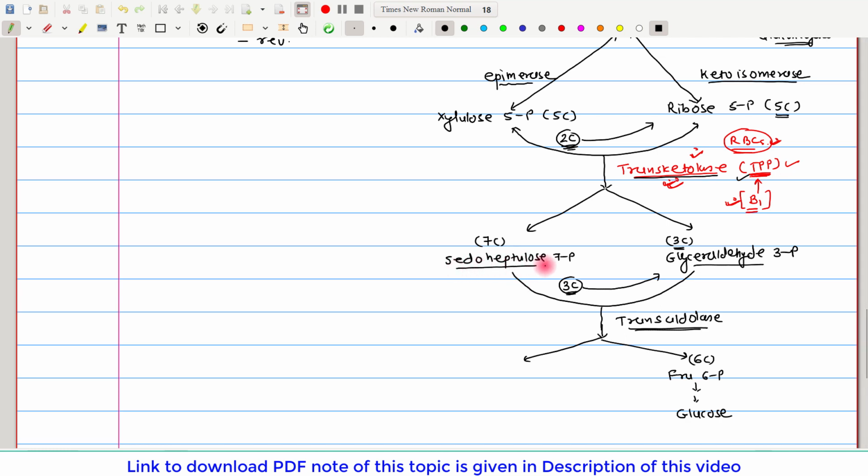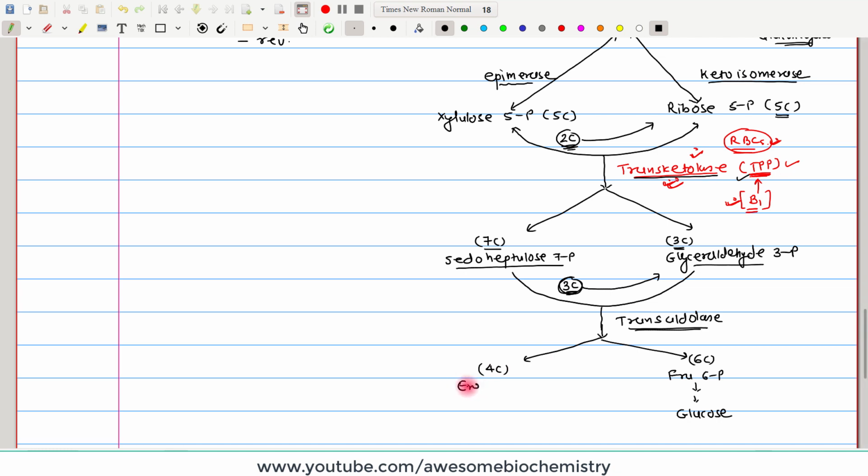Here, what happens to pseudoheptulose 7-phosphate? It is losing its 3 carbon. So 7 carbon minus 3 carbon makes a total of 4 carbon, and this 4 carbon compound is erythrose 4-phosphate.